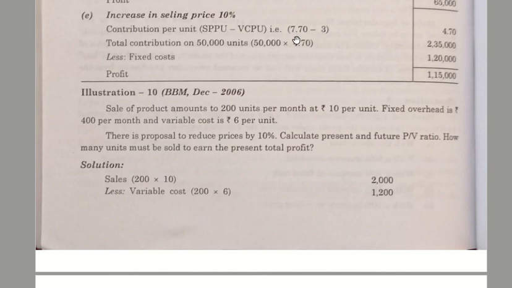Contribution per unit is 7.70, your selling price per unit, minus your variable cost per unit of 3, so it is 4.70. Total contribution of 50,000 units is 50,000 into 4.70, which is 2,35,000, less your fixed cost of 1,20,000. So you get your profit to be 1,15,000. The next problems will continue in the next video. Thank you.